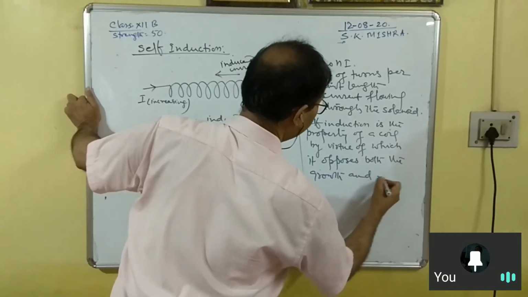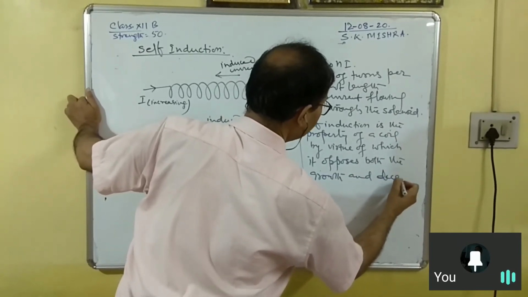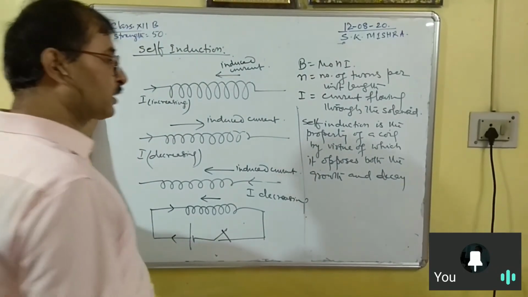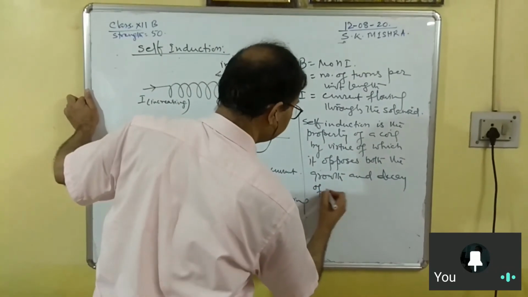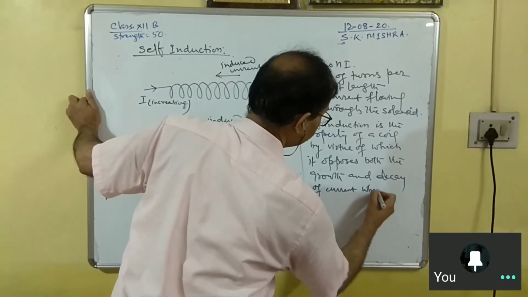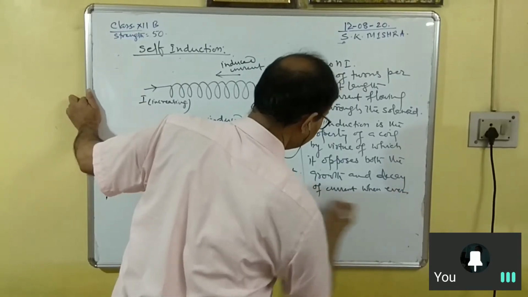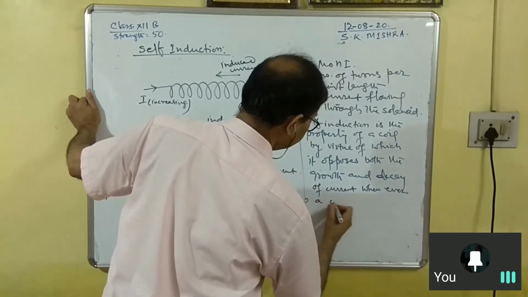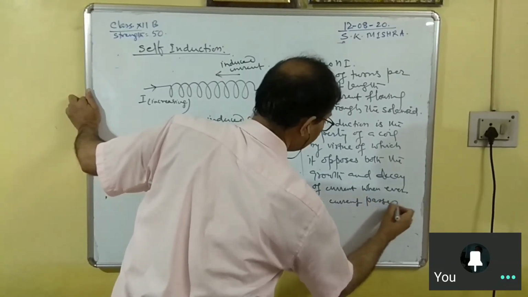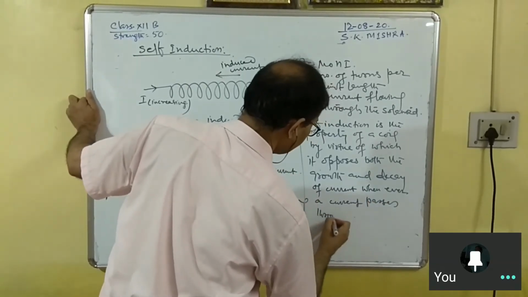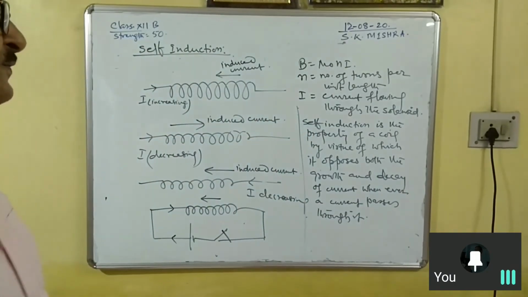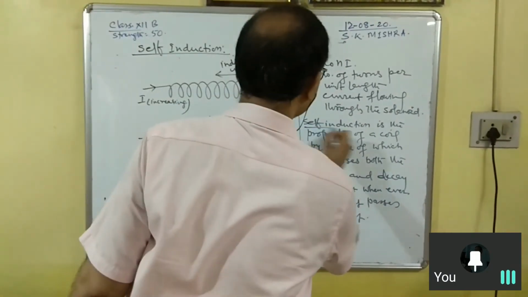Growth and decay. You know the meaning of decay? Decreasing. It opposes both the growth and decay of current whenever a current passes through it. So this property is called self-induction.